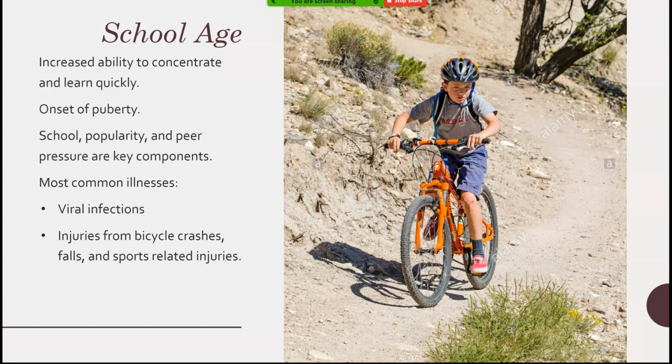Rather than physical, the second you put kids in a group of other children, they're going to be susceptible to various viral infections because they just share germs, which is why the whole let's throw kids back into school in COVID was kind of a questionable decision.